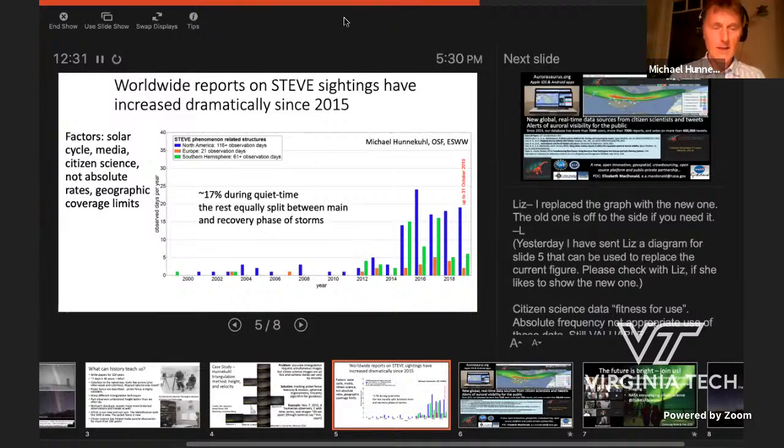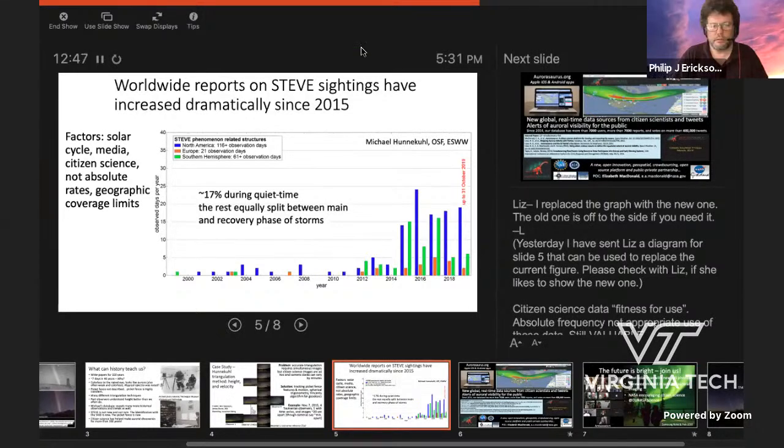I don't have the time to go into all the details to show results for the correlation with the magnetic storms, but if anyone's interested in my analysis, I can send detailed information.